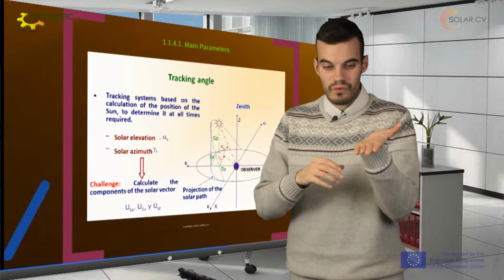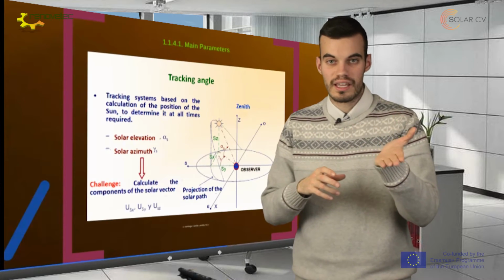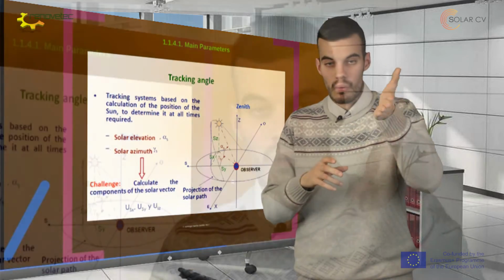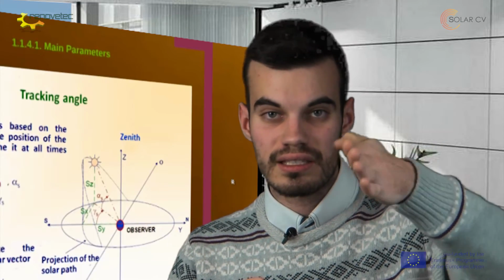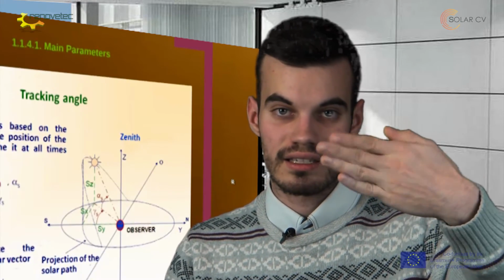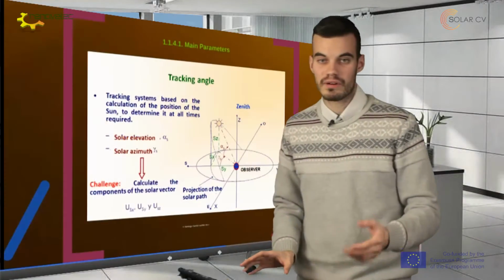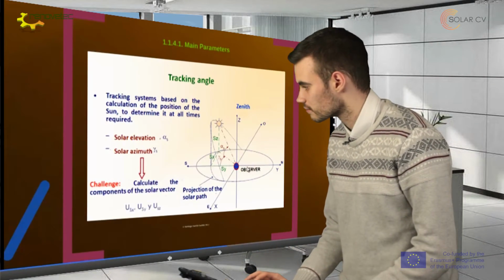We need to follow the sun throughout the day with 1 axis, or if we have 2 axes, we are going to do this and this. In following units, we are going to study this more.